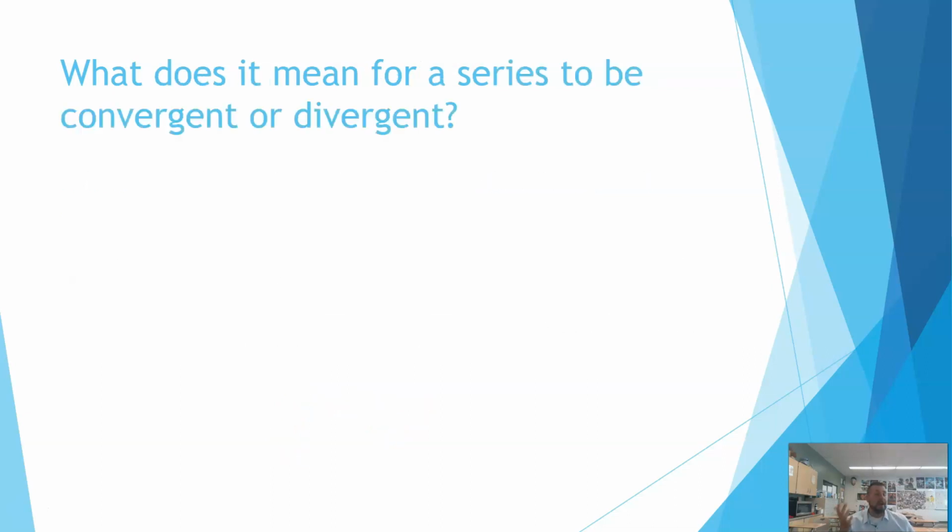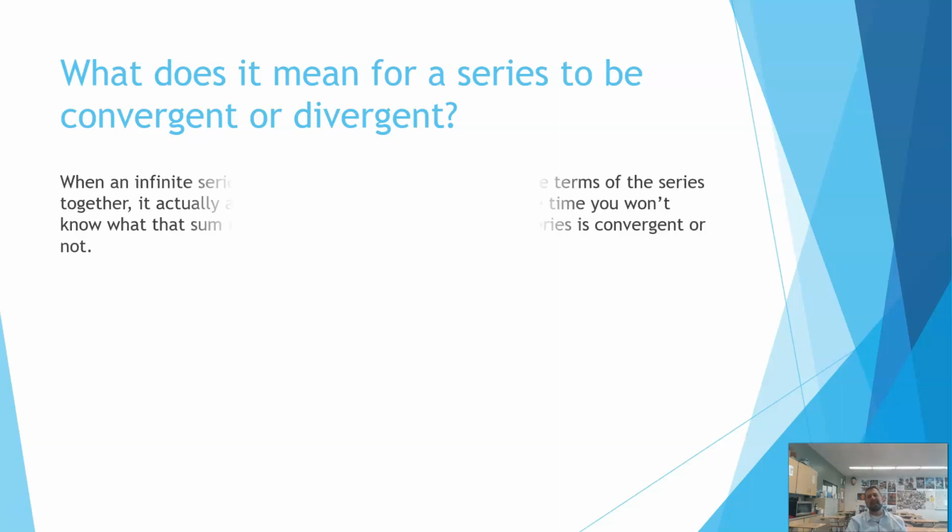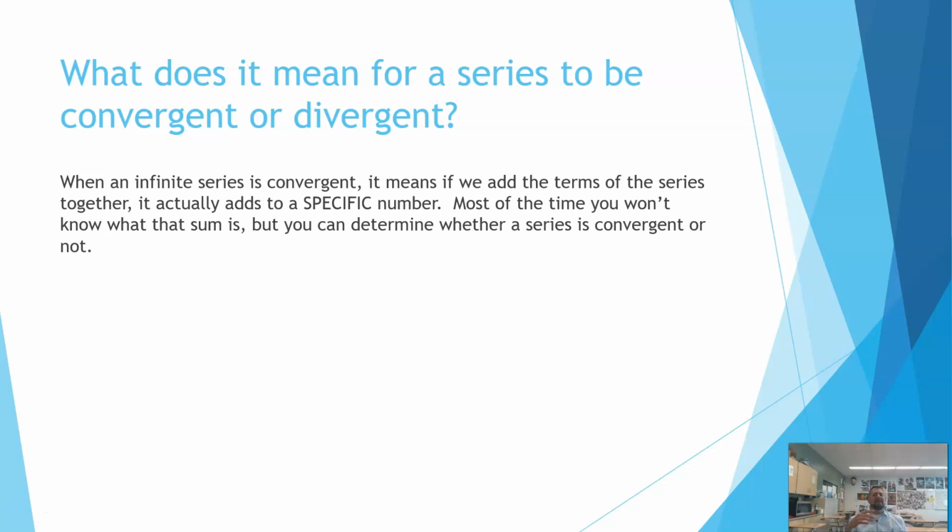Now, one thing that is very important to us when it comes to series is we want to know whether a series is going to be convergent or divergent. When we have an infinite series and we say that it's convergent, what is happening is that series is actually adding up to a particular number. It might not seem like it because you're always adding numbers to a series, but it is possible that we can tell whether or not a series is convergent, that it adds up to a specific number.